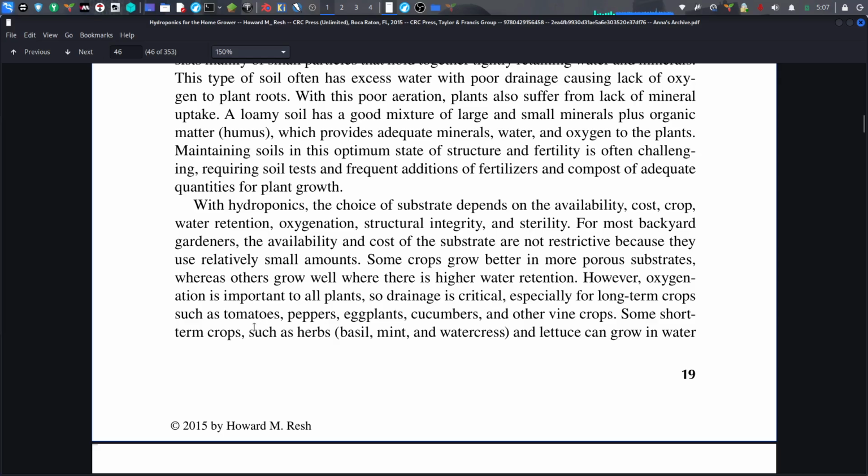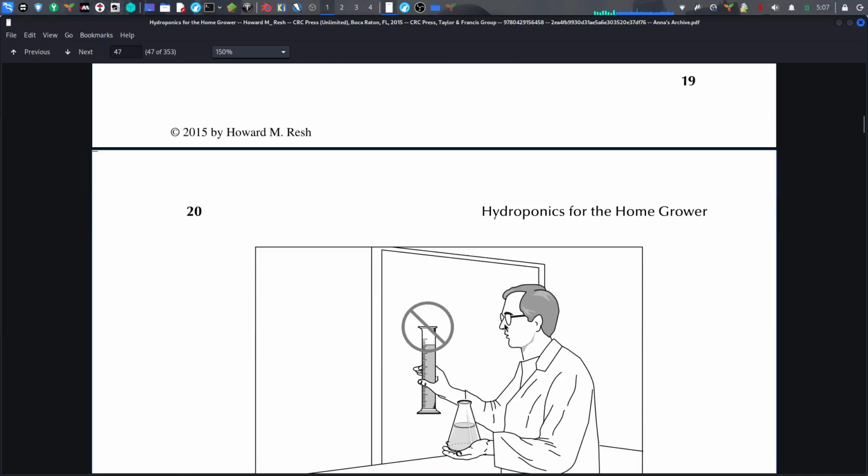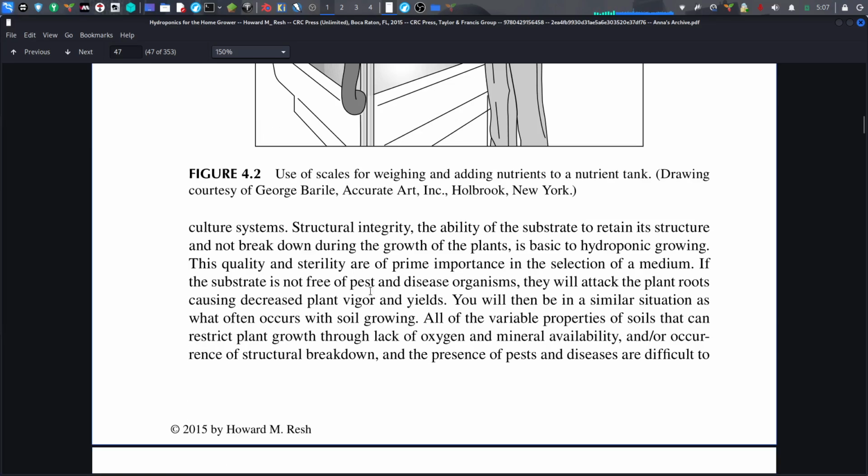Some short-term crops, such as herbs, basil, mint, watercress, and lettuce can grow in water culture systems. Structural integrity, the ability of the substrate to retain its structure and not break down during the growth of the plants, is basic to hydroponic growing.